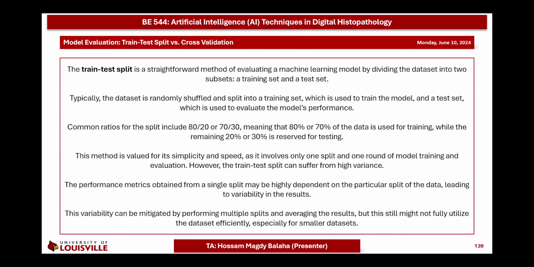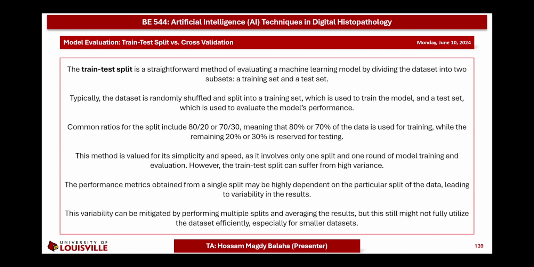The common ratios for that split include 80:20 or 70:30. If you are using 80:20, you are splitting the dataset into 80% for training and 20% for testing, and the same for 70:30, 70 for training and 30 for testing.